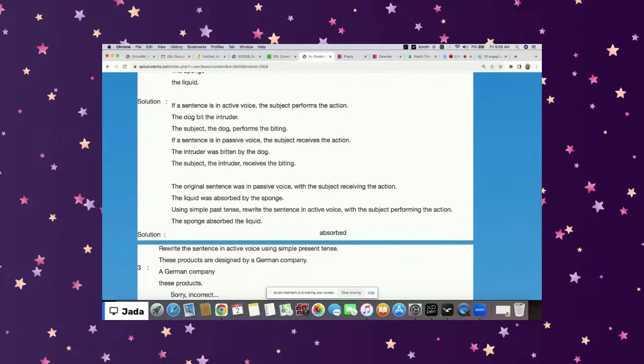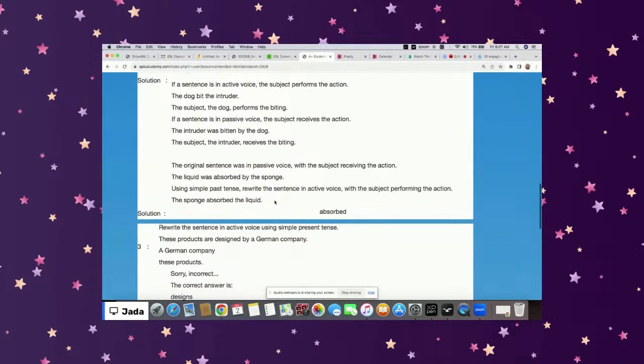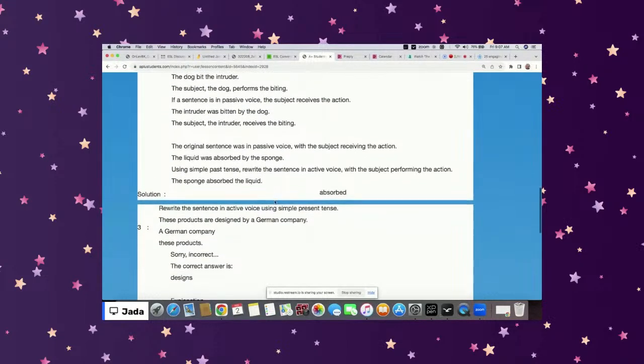So if you're rewriting it in the active voice, making the subject perform the action, it will be the sponge absorbed the liquid. It was in passive when it says the liquid was absorbed by the sponge, and then to rearrange the sentence in active, the sponge absorbed the liquid.